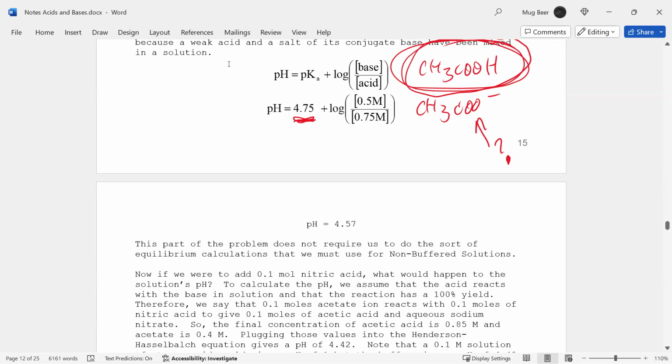Everybody want to break out a calculator and do this? I gave you the number right there, 4.57. I want to make sure you can get 4.57 on a calculator. Yeah, make sure you can shove that into the calculator and get 4.57.